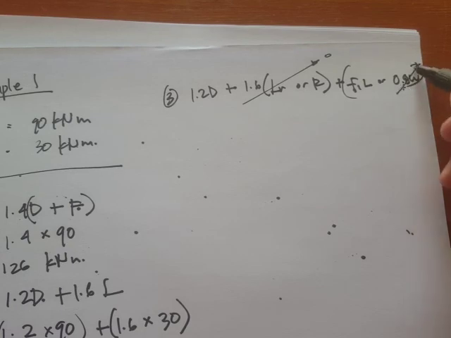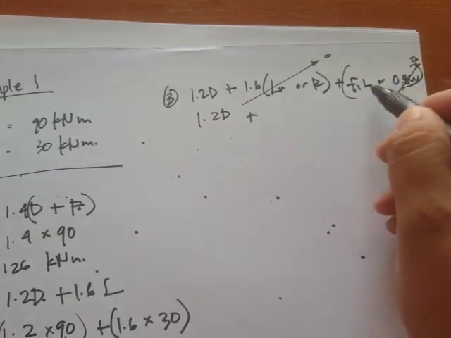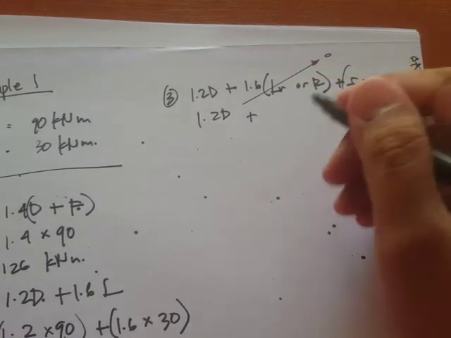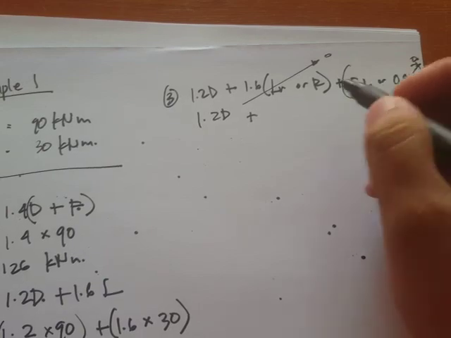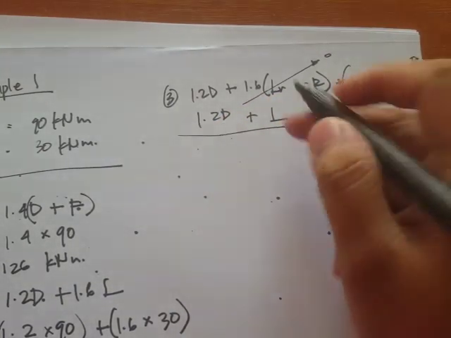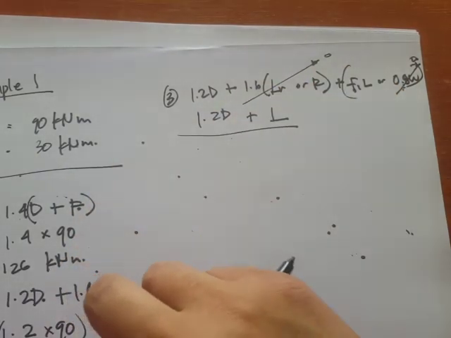This term is also 0. So basically, we're left with 1.2 dead plus F1. So let's say we'll assume for now that this is 1.0. Okay, so 1.0 times L. Okay, so you'll see that this value would be probably less than this value.